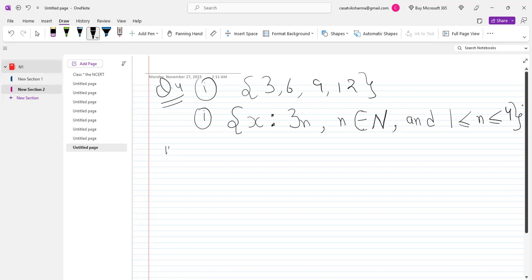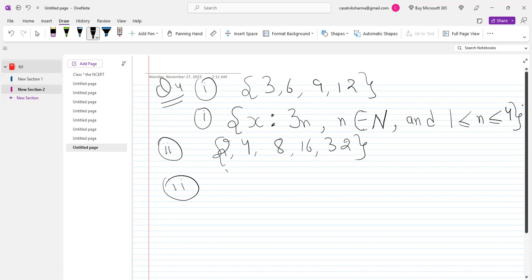Now question 4, part 2. 2, 4, 8, 16, 32. What is this? 2 to the power 1, 2 to the power 2, 2 to the power 3, 2 to the power 4, 2 to the power 5.